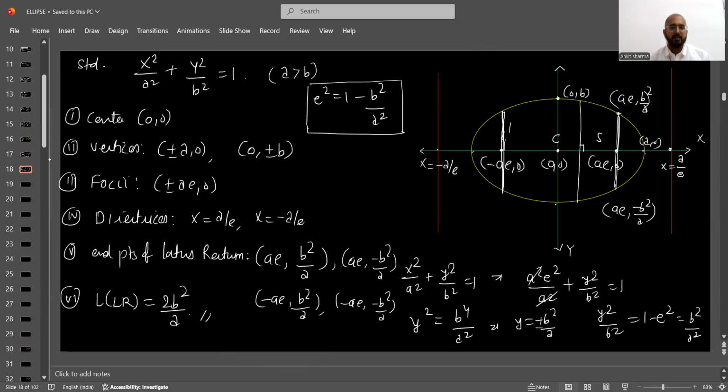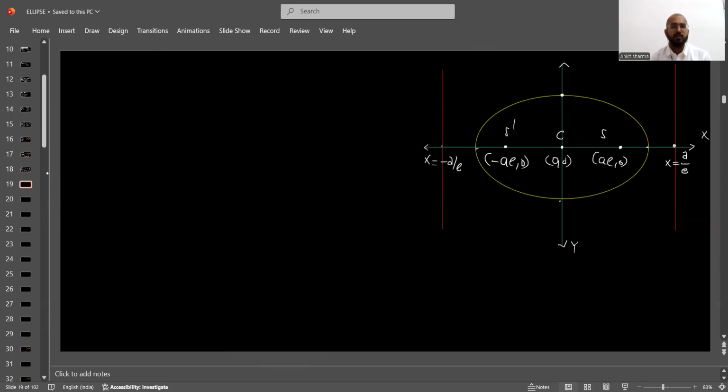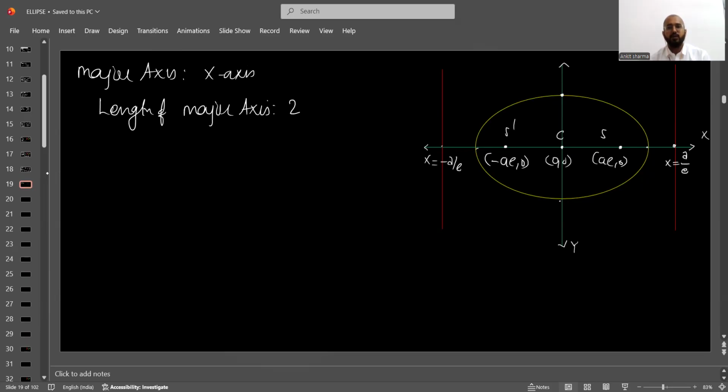Now, these are the basic terminologies and basic terms related to the standard ellipse. So standard ellipse means we consider the major axis to be the x-axis here, and also we need to find out the major axis. So the major axis will be the x-axis right here, and the length of the major axis is 2a.